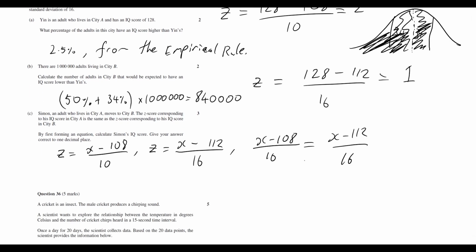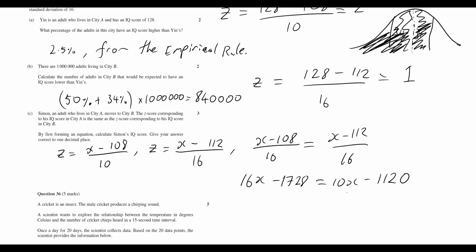Okay, and so what we should do is just cross multiply, and then we'll be left with 16x minus 108 times by 16, so that is 1,728. And that's going to be equal to 10x minus 1,120.